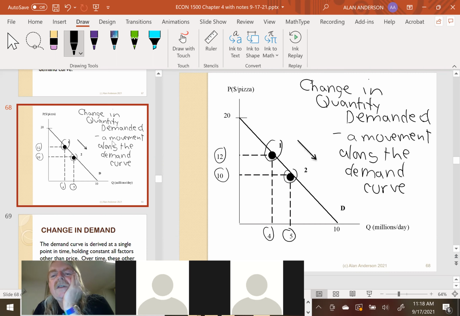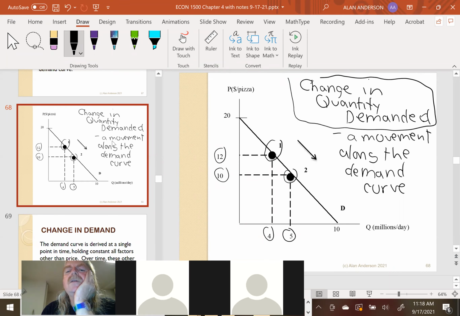Now, what's important here is that none of the 6 factors have changed. The only thing that's different is the price that's being charged. So we move up and down this demand curve, and we call that the change in quantity demanded. And it can go both ways, of course. The price can go up and it can go down, but we're staying on the same curve, and that's the key detail. Our desire to buy this product hasn't changed. The other factors haven't changed, only the price.